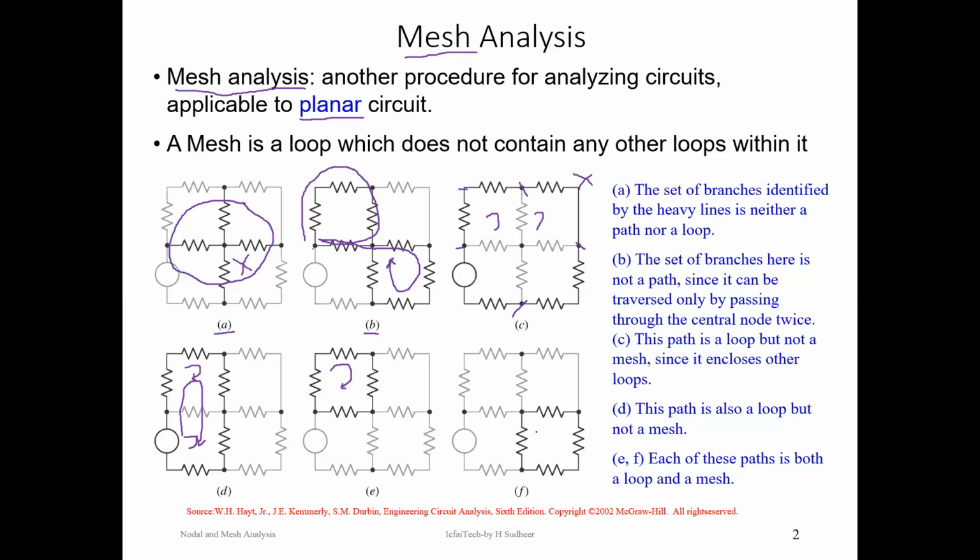In the same way, this is also a mesh which does not have any inner loops. So in a given circuit, we can have 4 meshes, 4 loops which do not have any inner loops. So the first target is to identify how many meshes there are, and we apply mesh analysis only to the loops which do not have any inner loops, called meshes.